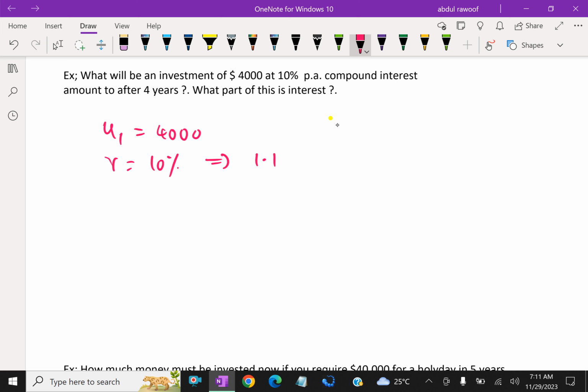10% is 0.1. That means the multiplier R equals 1 plus 0.1, which is 1.1. Here it is not R, it is the rate of interest.